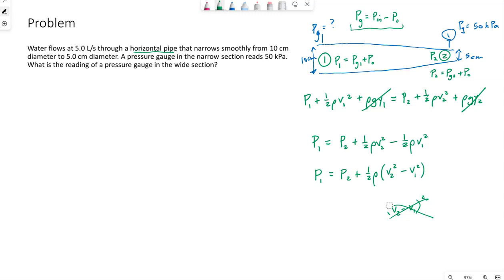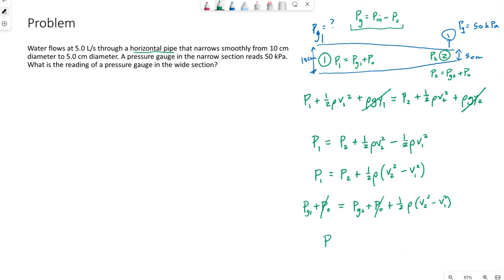If we come down and plug that into our equation, so gauge pressure 1 plus atmospheric for P1, gauge pressure 2 plus atmospheric, and then the rest of the equation is still here. It turns out the atmospheric pressure is going to cancel.